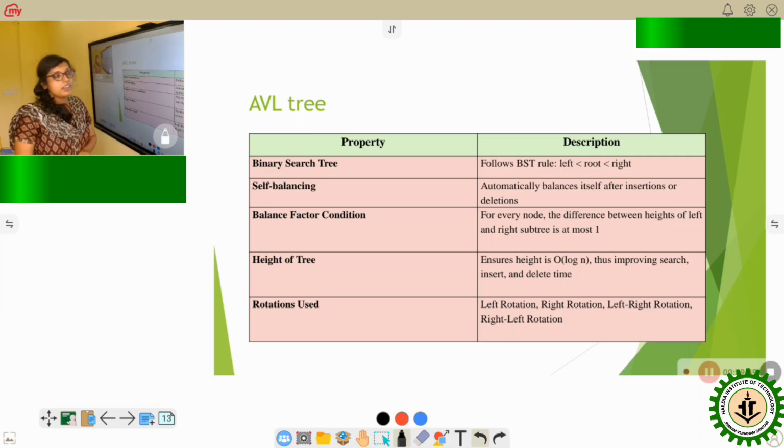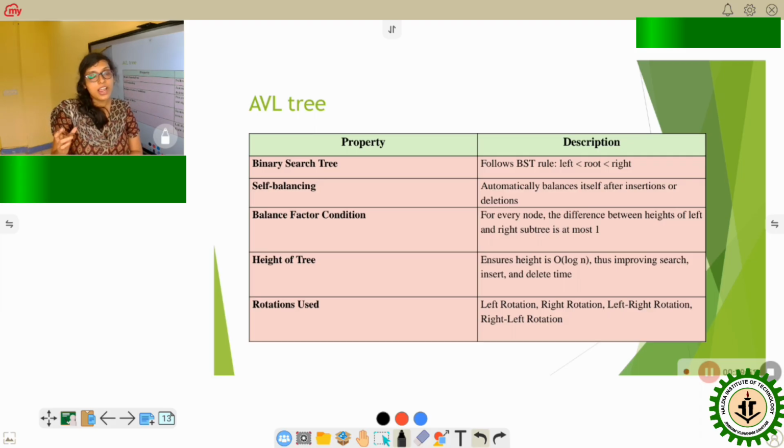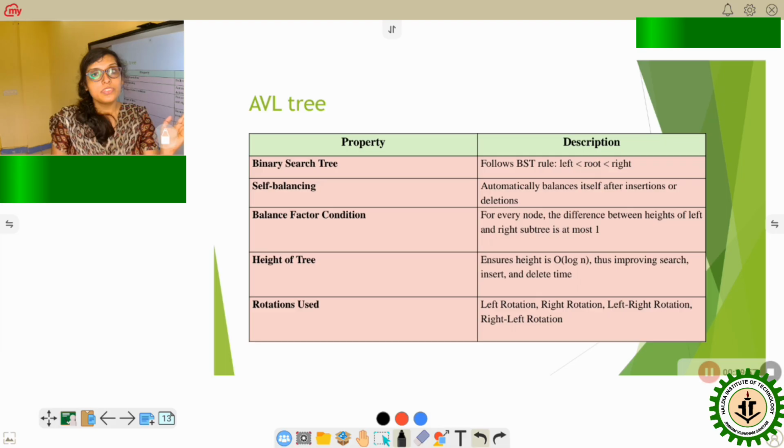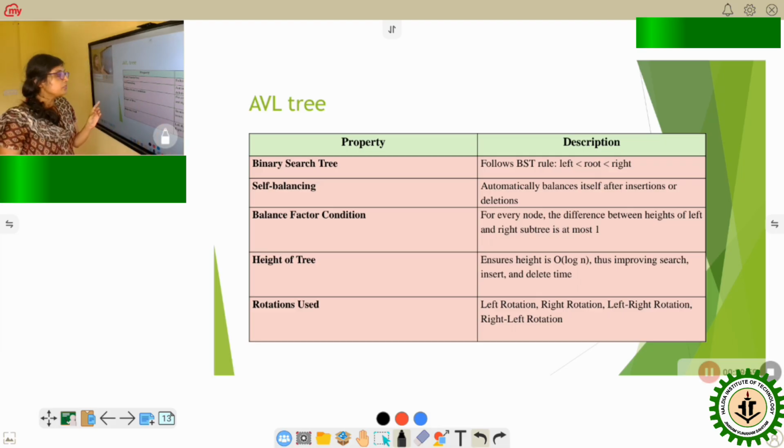In case of binary tree, if the value is greater than the node, we were placing it to the right hand side. If the value is again greater than that node, we were placing in the right hand side. So there was a skewness problem and there was a wastage of memory. This wastage of memory can be solved using this AVL tree.